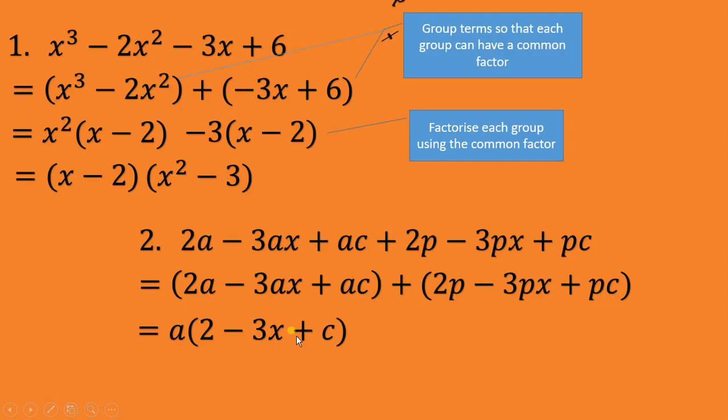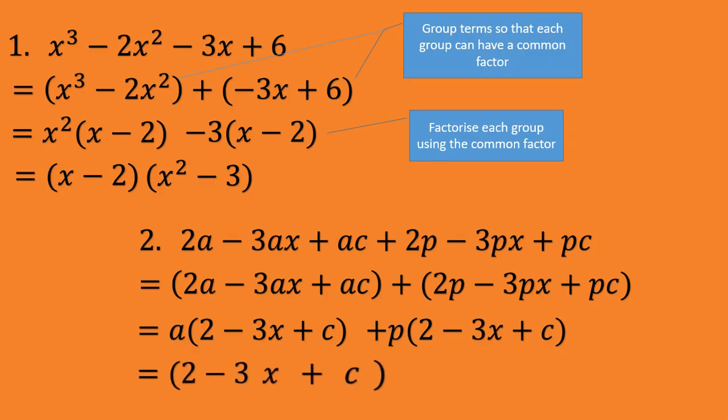So here we'll have to take a plus p as a common factor, because when we divide it, it gives me again a 2, gives me a negative 3x which we want here, and a positive c which we also want here. So we must be careful when selecting this common factor so that we can have another common factor to further factorize the problem.